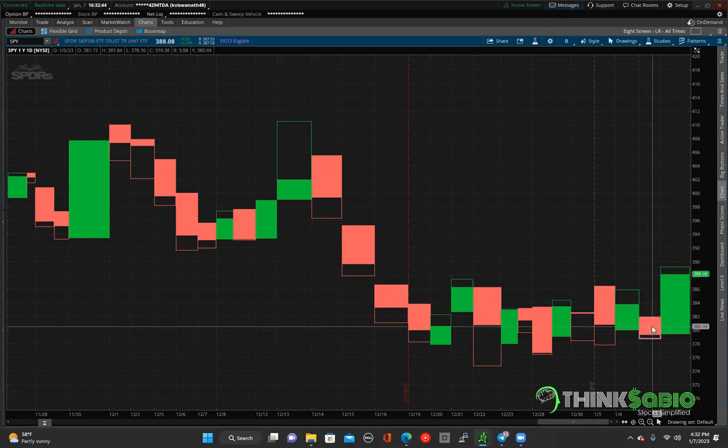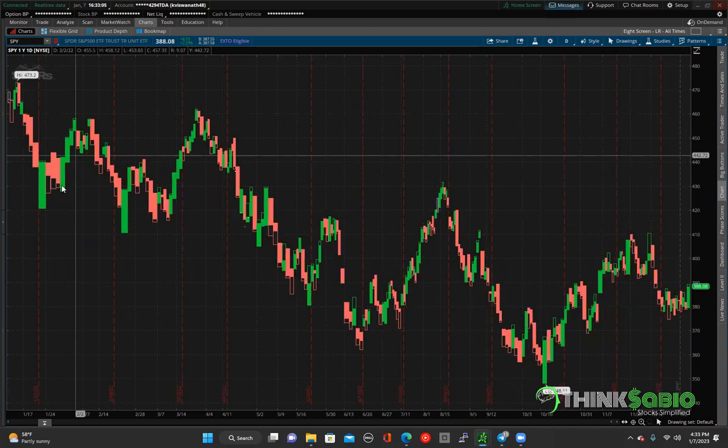And let's just say yesterday, if someone thought, oh, it's a red day, maybe the next day will be red, they have to look at the volume. It's very low compared to the day before, right? And on this day, for example, the volume is very, very low. It's much thinner. So the volume here is relative to the chart and the time frame that we select.